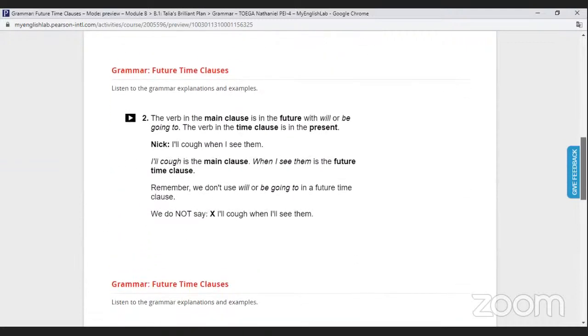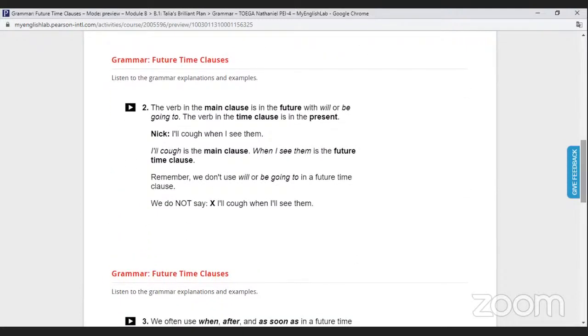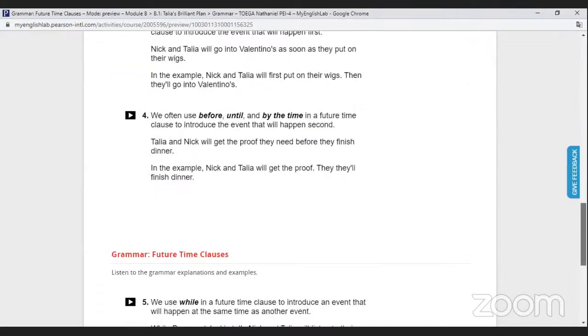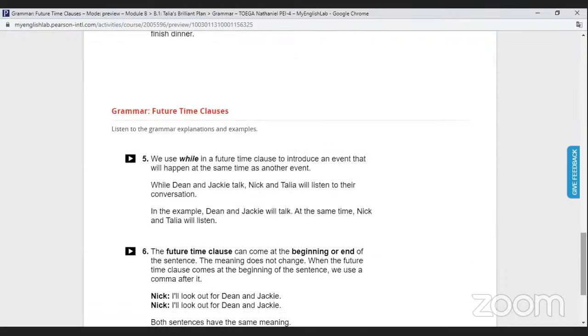Also, you can use the words when, after, as soon as, before, until, by the time, or while when you are telling me your paragraph, okay? So think about whatever you want to tell me. Can I write the paragraph so I can say it to you? Yeah, it's my notebook. Okay.